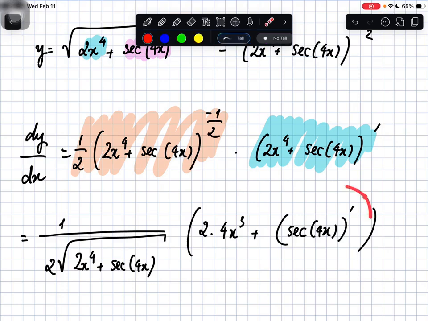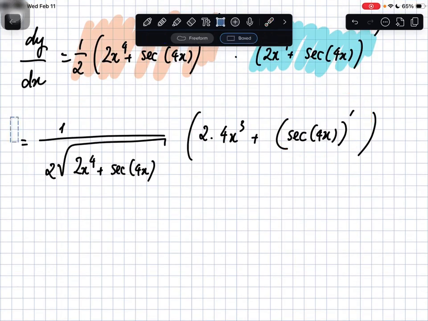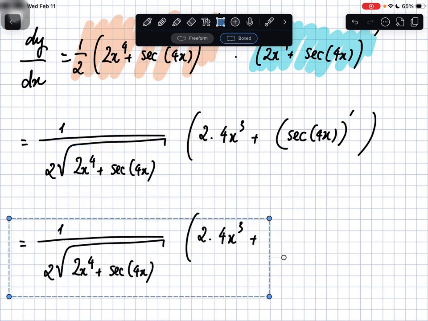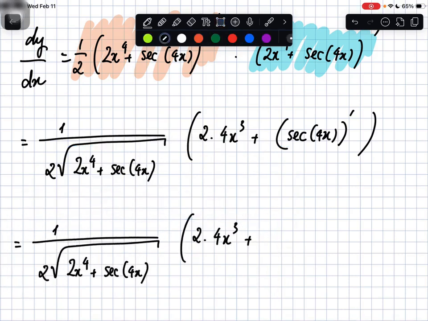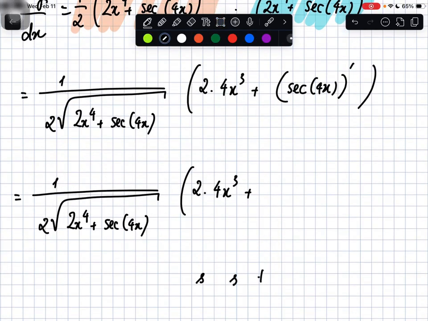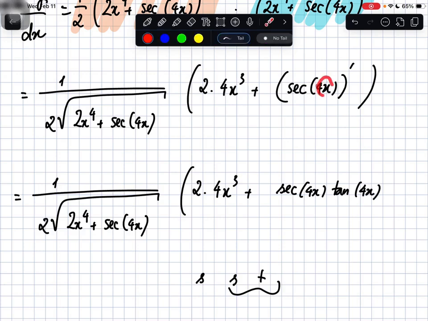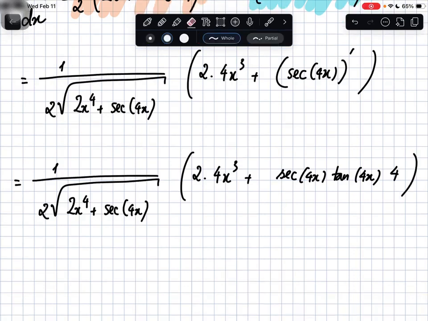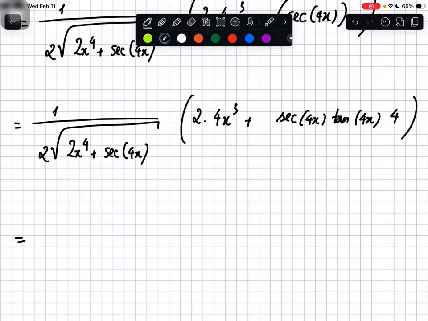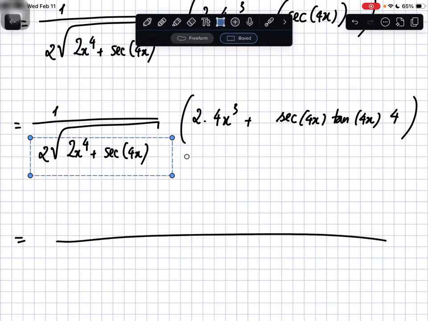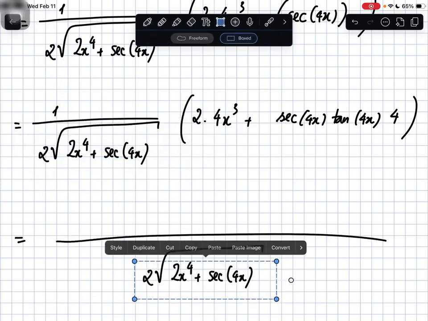Now you change rule again for this function: secant prime is secant times tangent, so secant 4x tangent 4x, and then you still need g prime of x, which is 4. So that is why you have the same answer as before, but much faster.